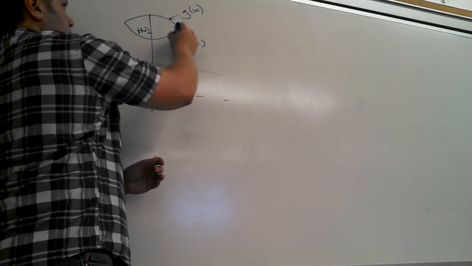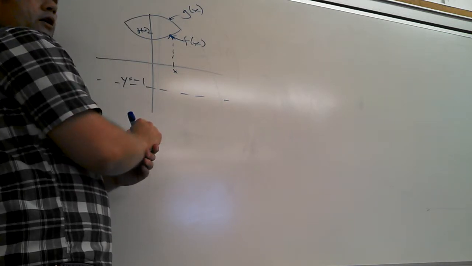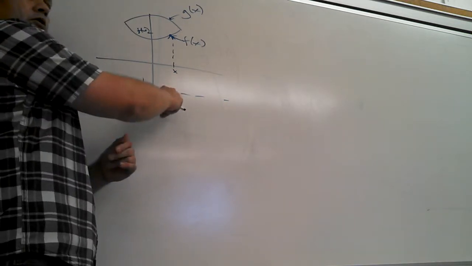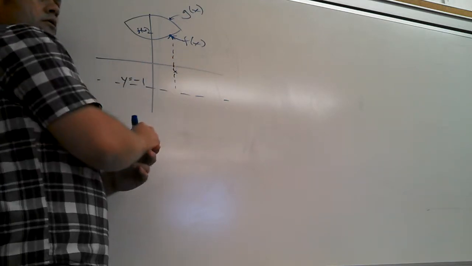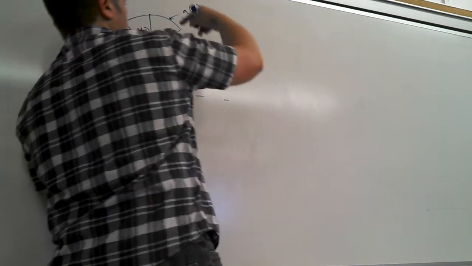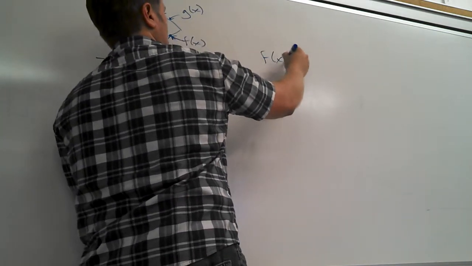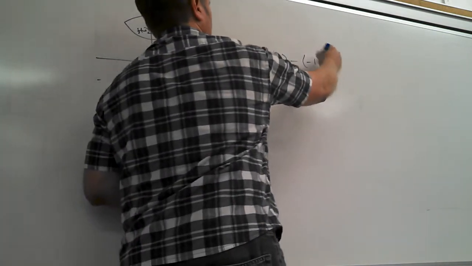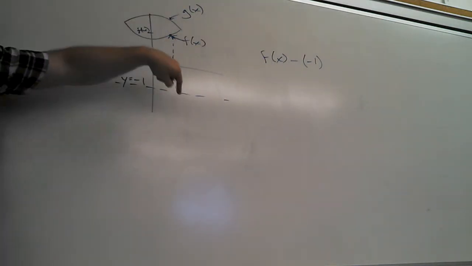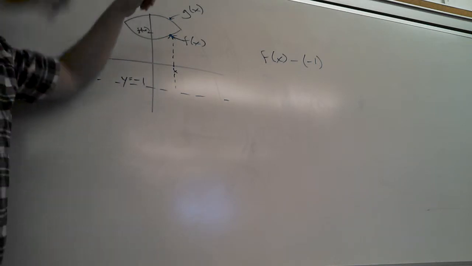This would be the inner radius, right? But that's not the inner radius because I'm not going around the x-axis. I'm going around here. So how much further do you have to go? One more. Yeah. So it's pretty much going to be f of x minus -1. Or just think about it, I've got to go an extra 1 away. So both of my radii are going to be 1 longer than they would have been.